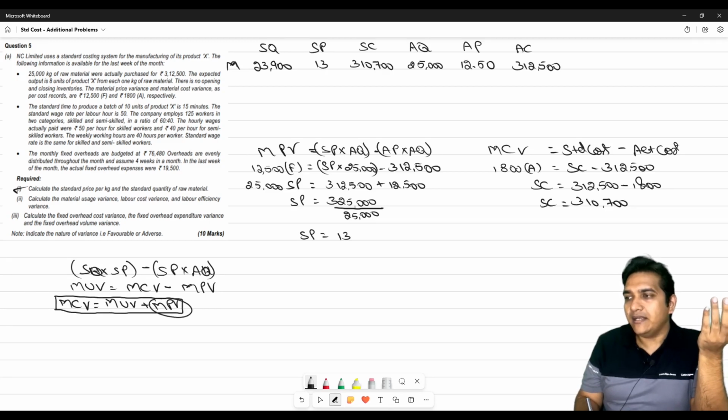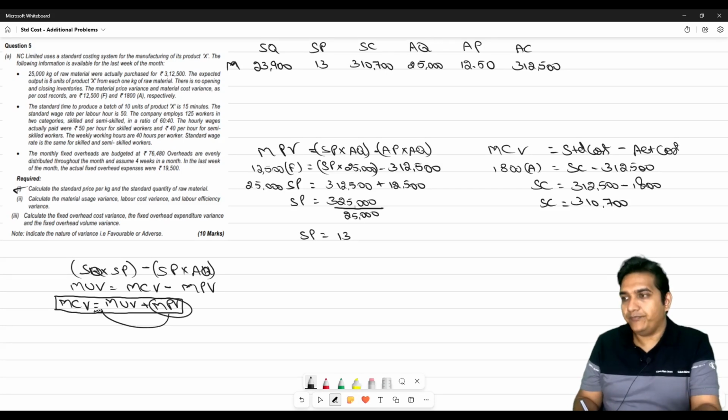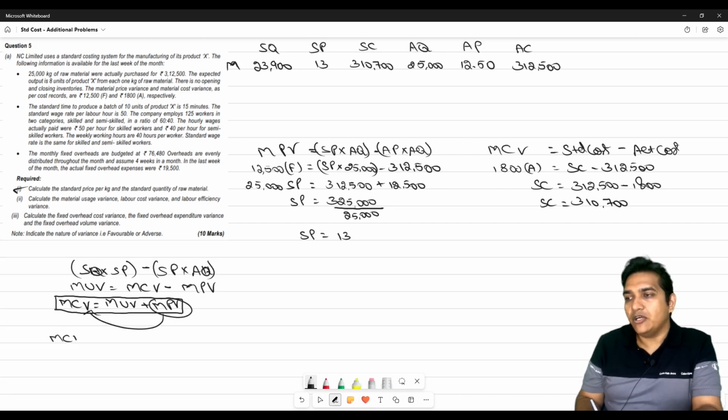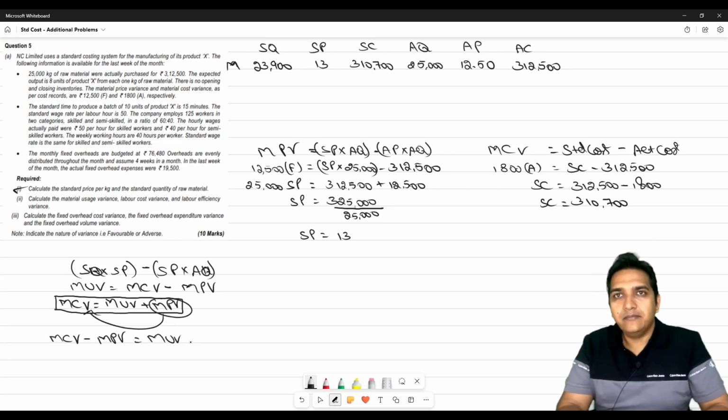We take material price variance and shift it on to the other side. So once we shift, we get material cost variance minus material price variance, which is equal to material usage variance, right? It is as simple as that.